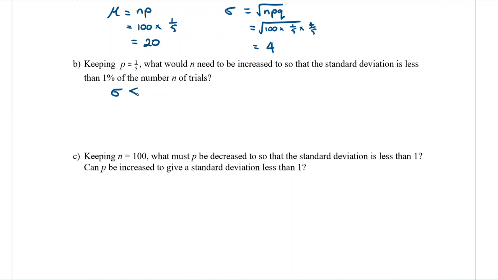So we probably need that as a fraction or a decimal, but I'm going to write it as a fraction. If I have n trials, that needs to be n over 100. So my n over 100 needs to be less than, my standard deviation needs to be less than that.